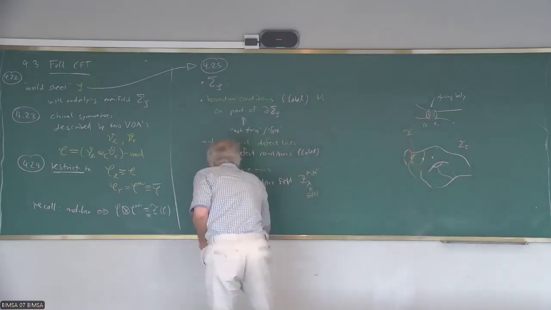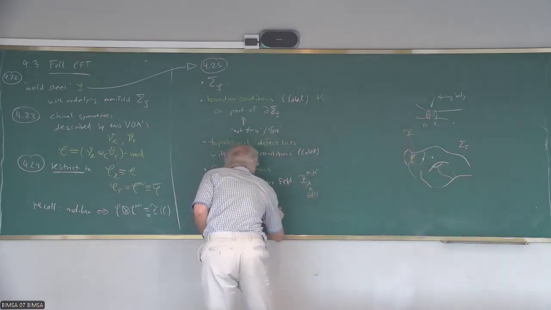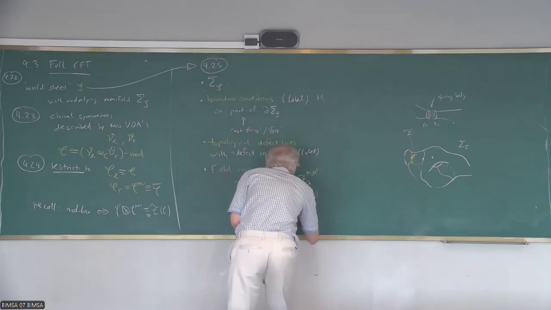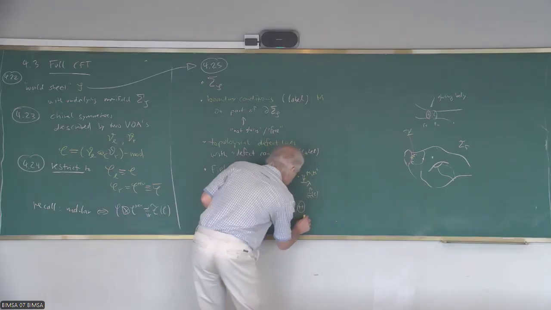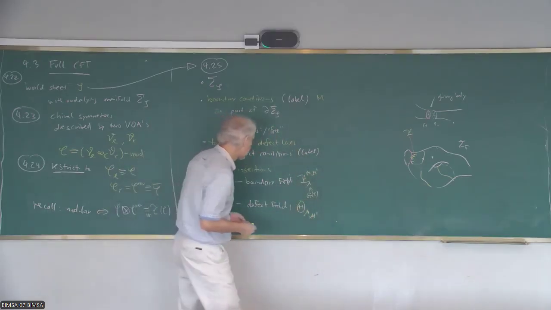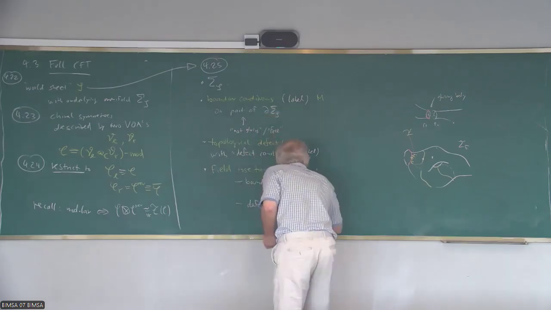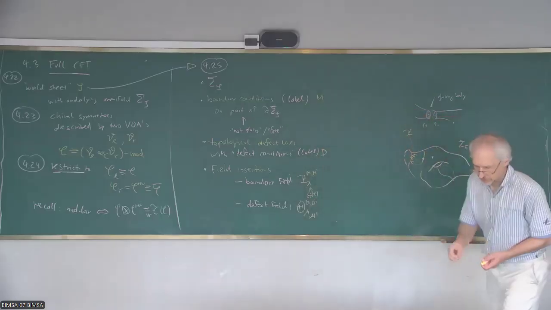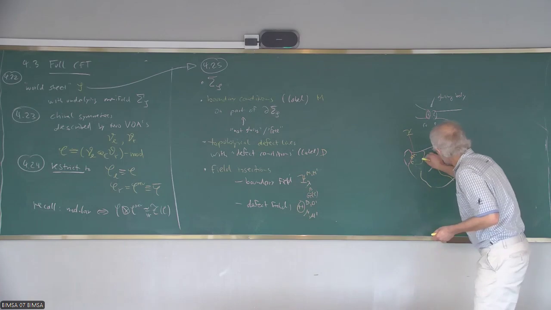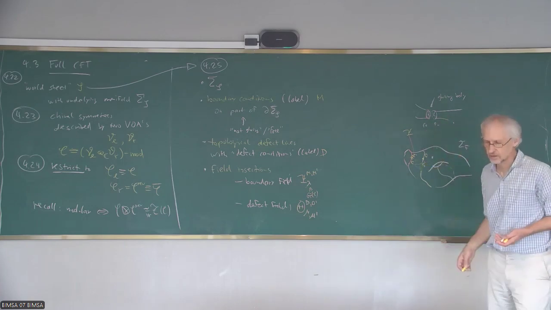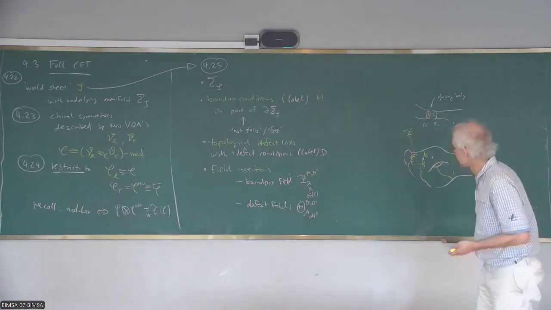And then there can be defect fields, which I denote by theta. And they depend on two labels in C, or in the Grothendieck ring of C. And they depend on two defect labels, which I will denote by D. So if I have an insertion here, on one side I will have a defect condition D, on the other side a condition D prime.